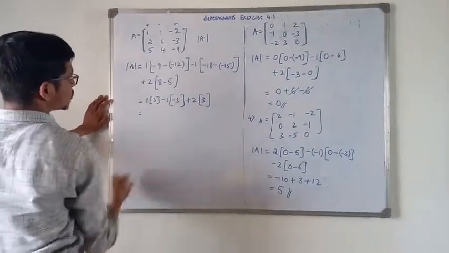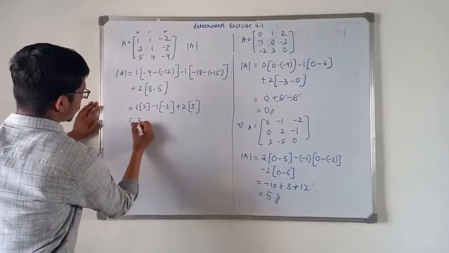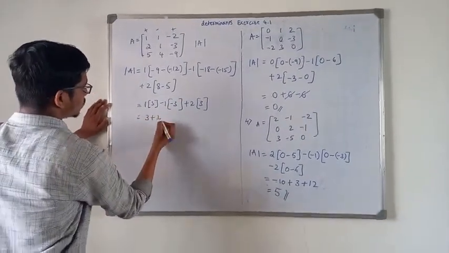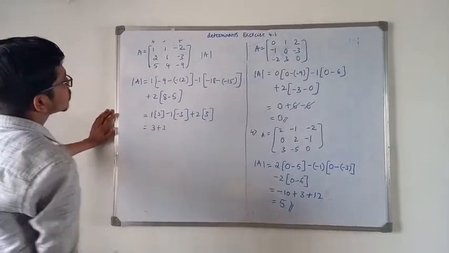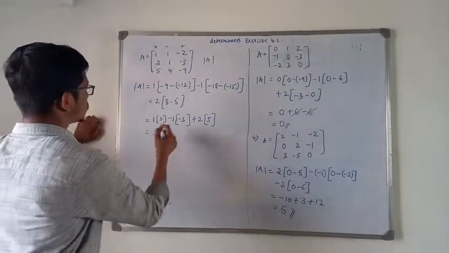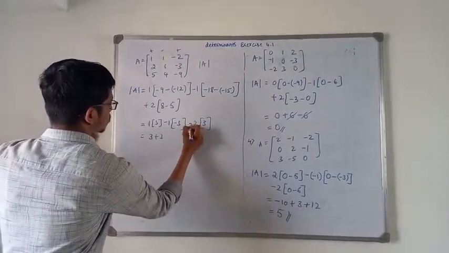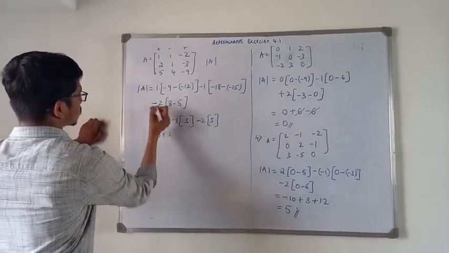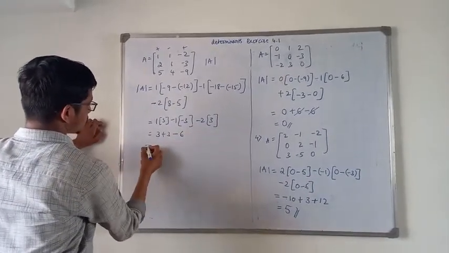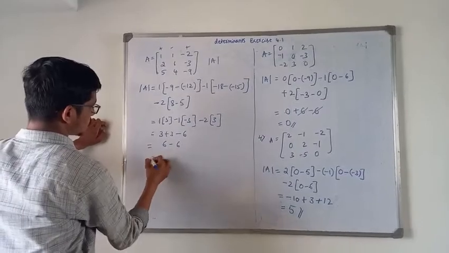This is equal to 3, minus into minus is plus, plus 3, sorry, this is minus sign. Minus 2 into 3 is minus 6, so 6 minus 6 is equal to 0.